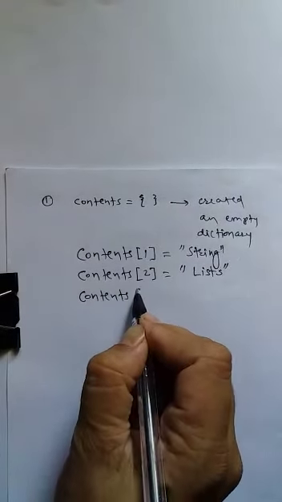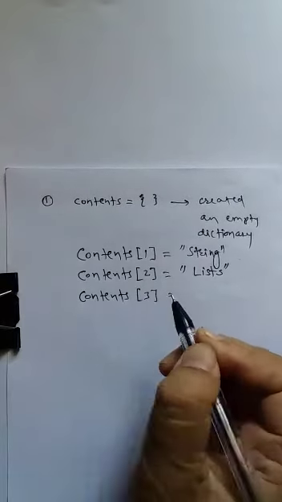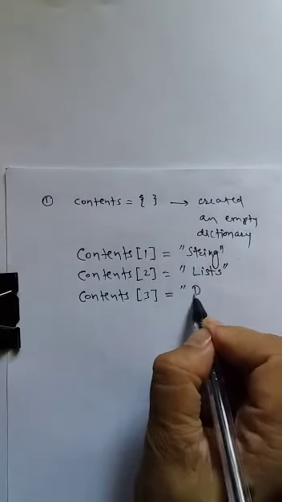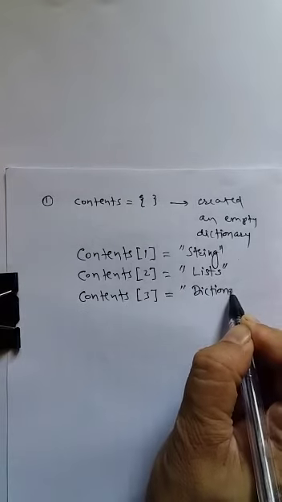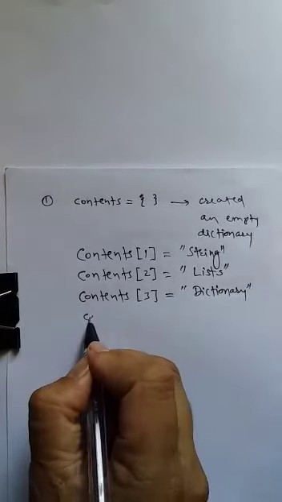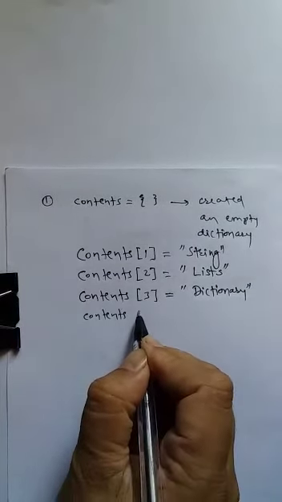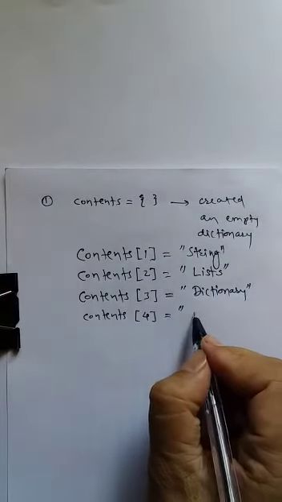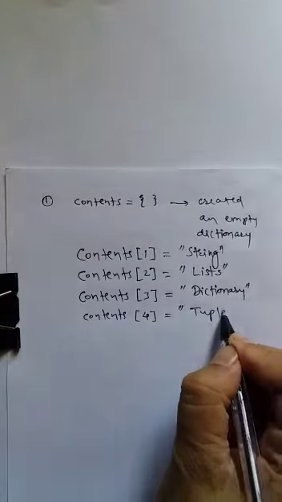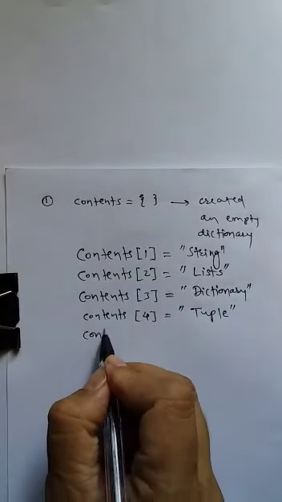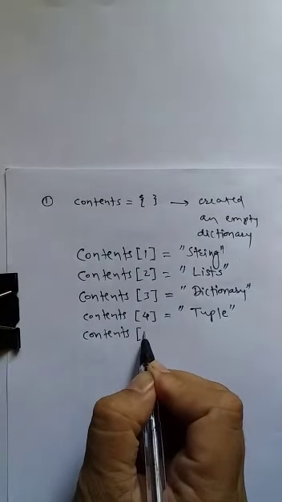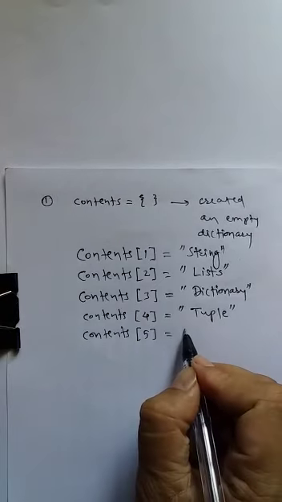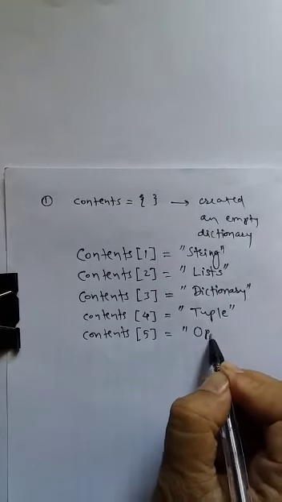Contents 3, what we are seeing now, dictionary. Contents 4, what we are going to learn tomorrow, tuple. Contents 5, what we are going to learn the day after tomorrow, operators.